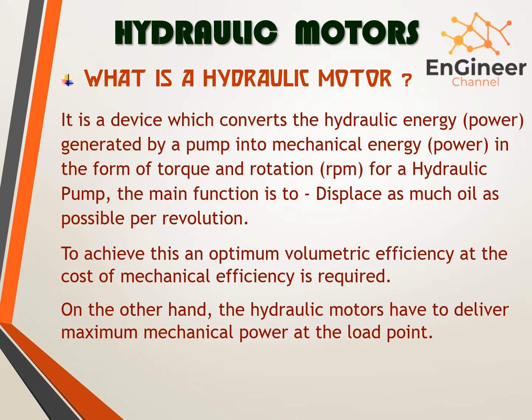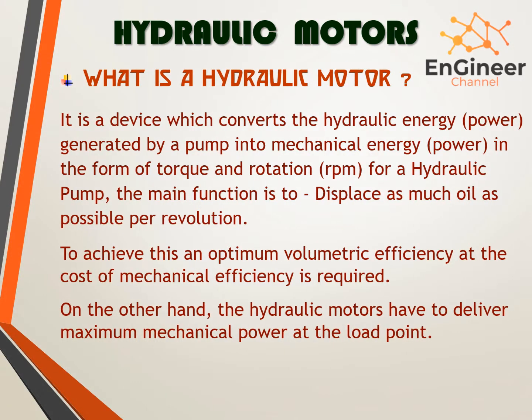For a hydraulic pump, the main function is to displace as much oil as possible per revolution. To achieve this, an optimum volumetric efficiency at the cost of mechanical efficiency is required. On the other hand, the hydraulic motors have to deliver maximum mechanical power at the low point.